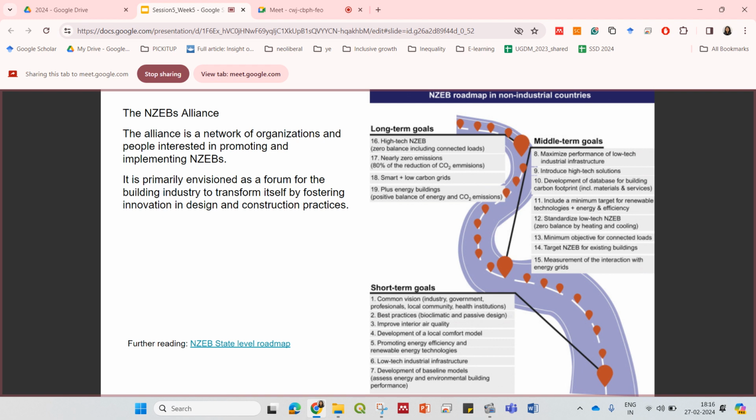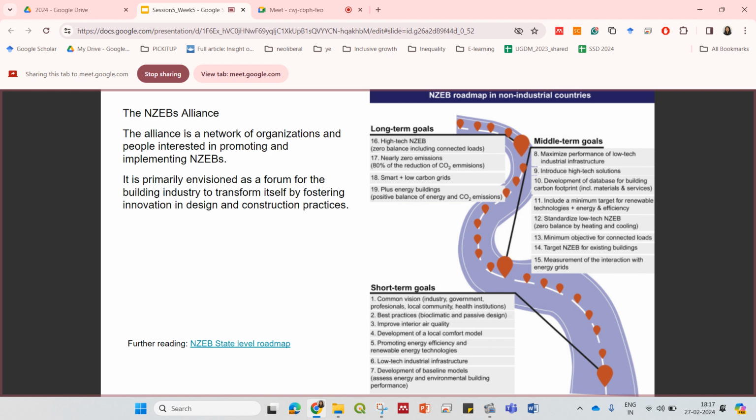Then setting a minimum objective for connected loads. So connected loads, I'm not very sure, but it is related to the amount of electricity that is being used in a building. So a minimum objective for what the connected load should be in the building can be set. Then targeting NZEB buildings for existing buildings. So applying NZEB technology in existing buildings is also a little difficult and can take a lot of time, because existing buildings already have their own tech and their own infrastructure on which they are operating.